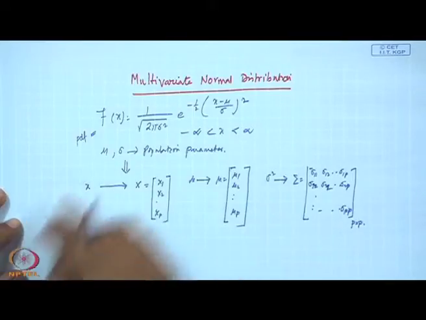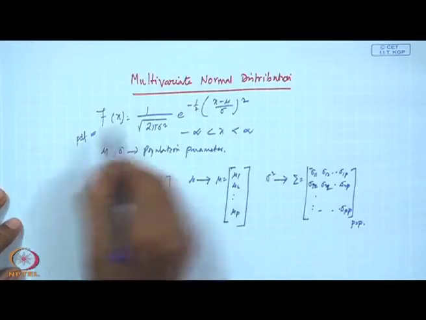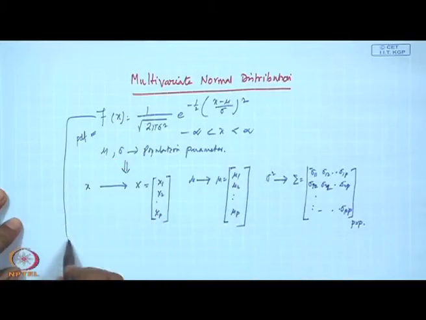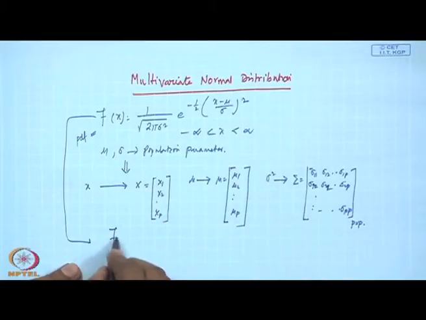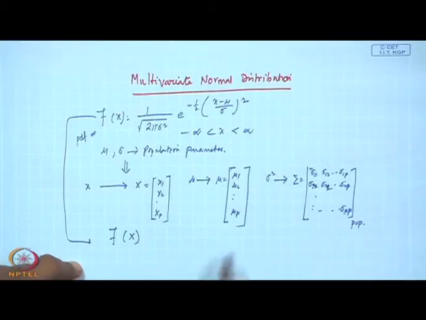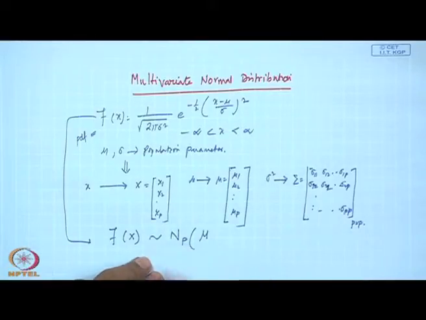So, that means by multivariate normal distribution, we want something which is f(x) in terms of the number of variables p, the mean vector and the covariance matrix.